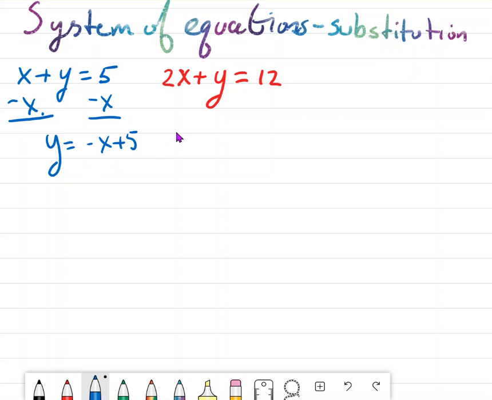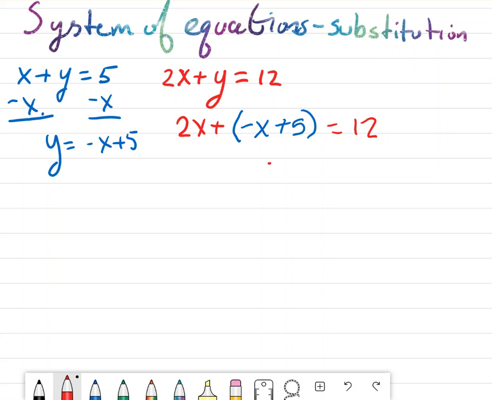So if I were to take this y and substitute it for this y, I would now have the equation 2x plus (negative x plus 5) equals 12.